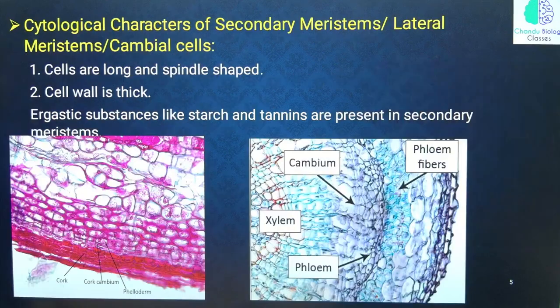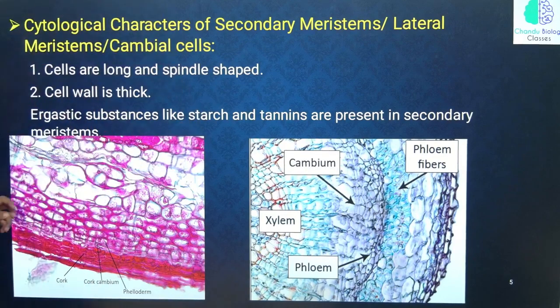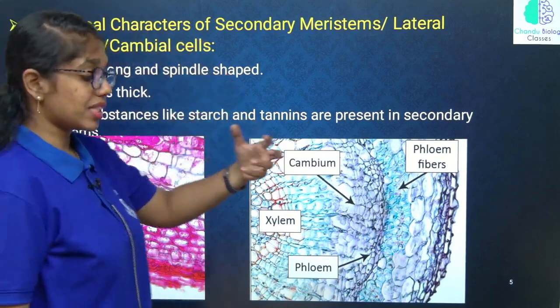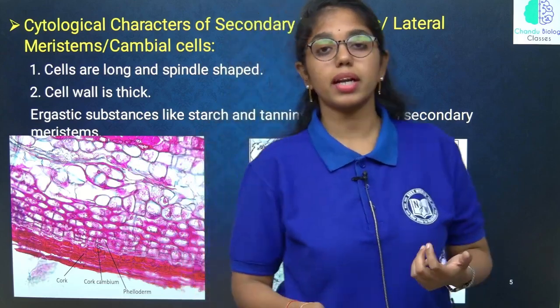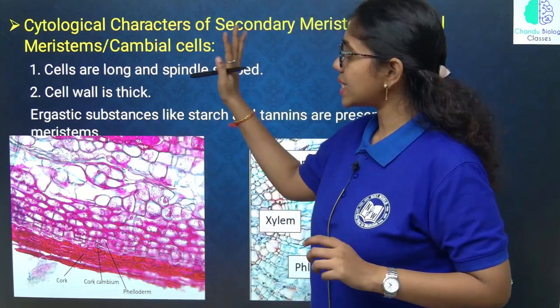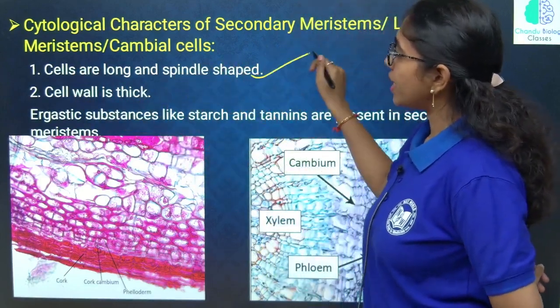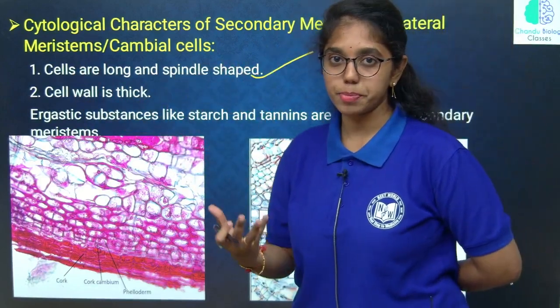Okay. Next, let us observe the cytological characteristics of secondary meristems or lateral meristems. Secondary meristems, like vascular cambium and cork cambium, have cells that are long and spindle shaped.